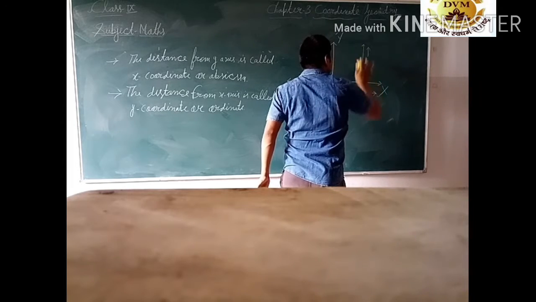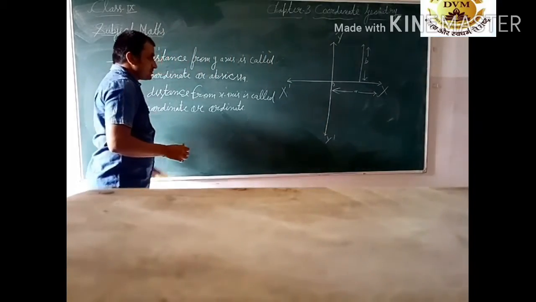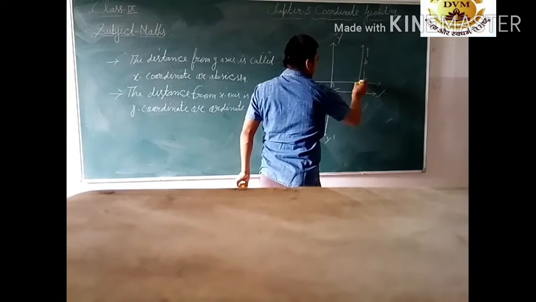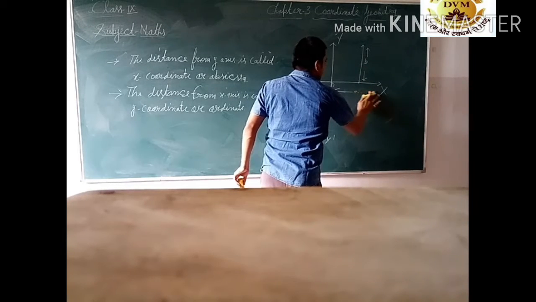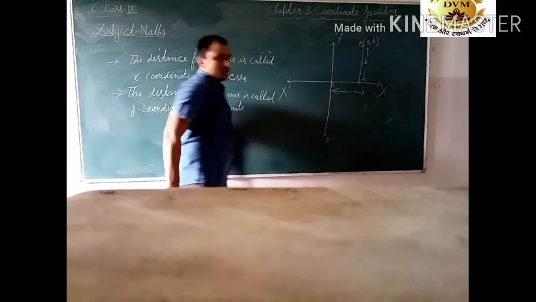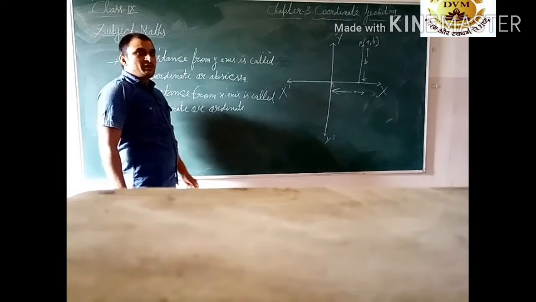Clear? So the coordinate of point P is (a, b).